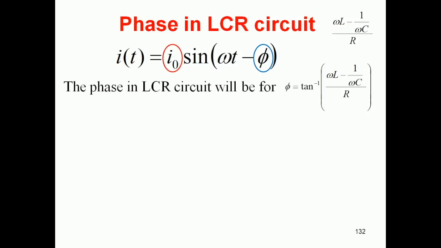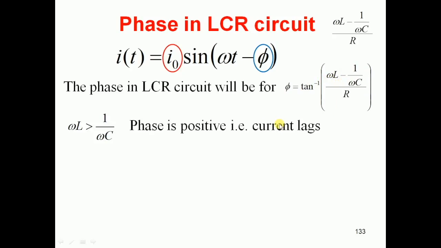Now we shall focus a bit on phase in LCR circuit. So it is phi equal to tan inverse of omega L minus 1 over omega C, whole thing divided by R. If omega L is greater than 1 over omega C, the phase is positive and current lags behind.